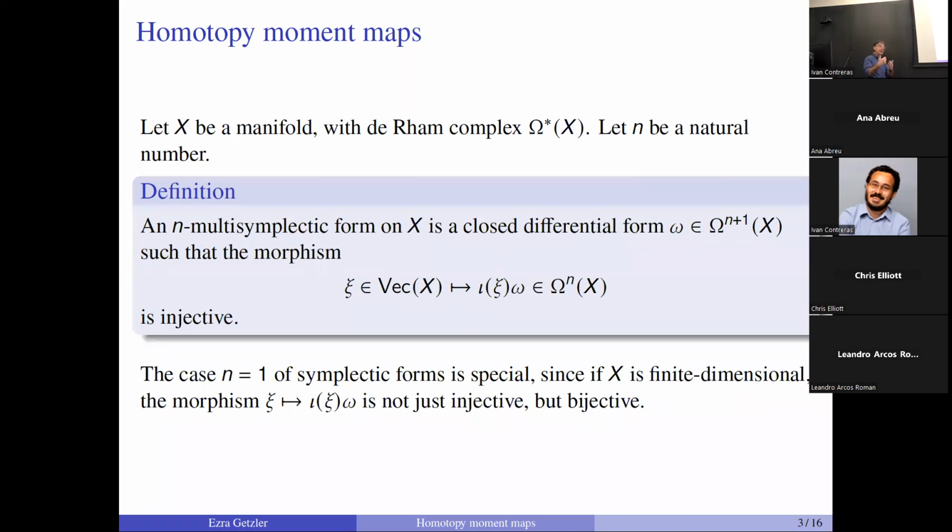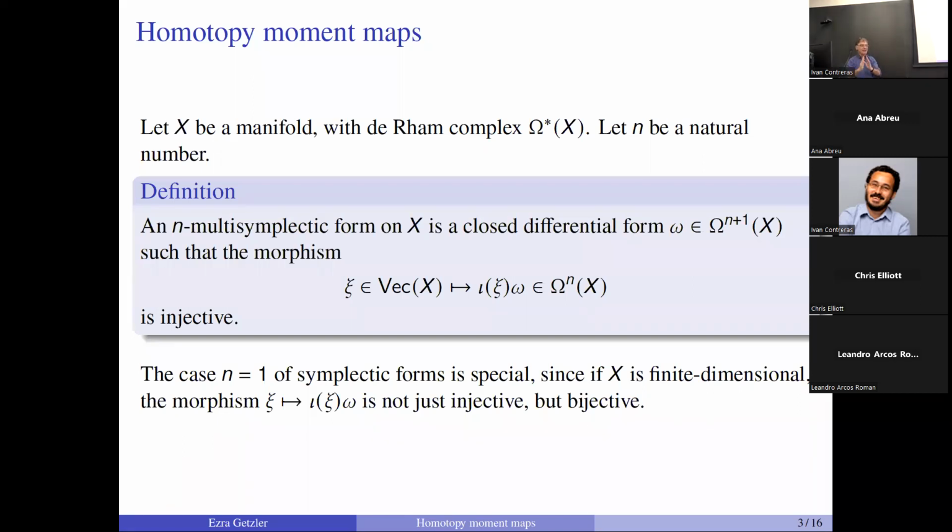You can see that instead of the ambiguity in momentum being a constant as in ordinary symplectic geometry, it's actually a closed n-1 form. That's a big ambiguity, and that's where the homotopy in the title comes from. The case n=1 is very special because that map from vector fields to 1 forms, at least if the manifold is finite dimensional, is a bijection.